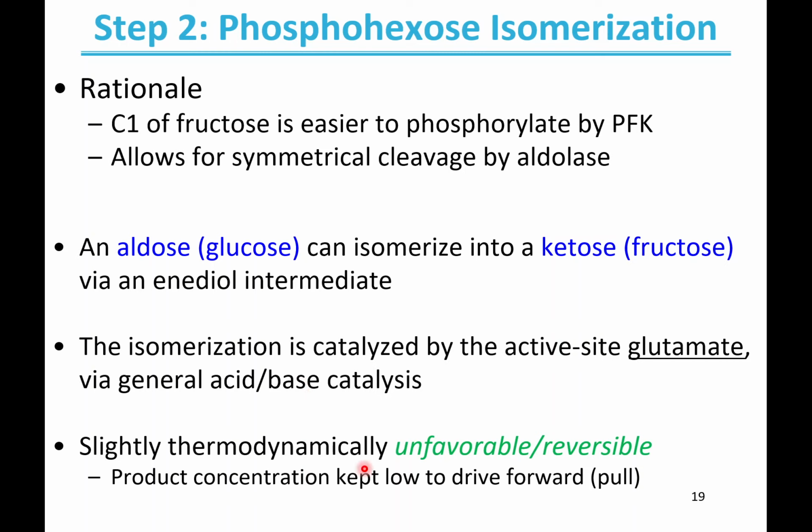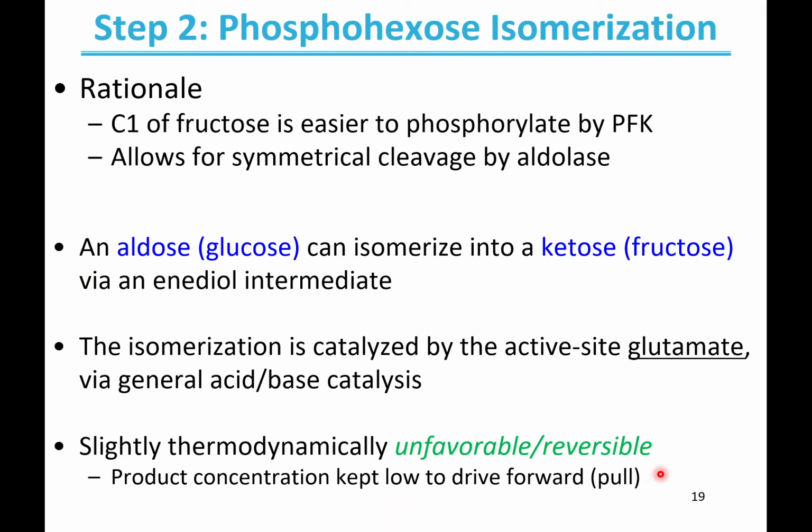This is slightly thermodynamically unfavorable, but because the delta G naught prime is close to zero, it's considered reversible. So how do you get this reaction to go forward? The product concentration is kept low to drive the reaction forward. And you can think of that as pulling the reaction forward.